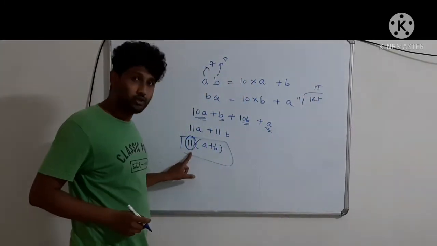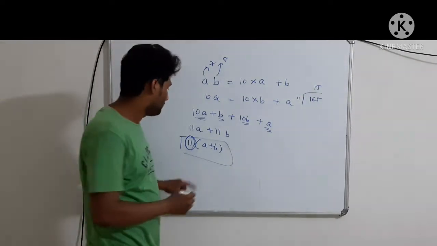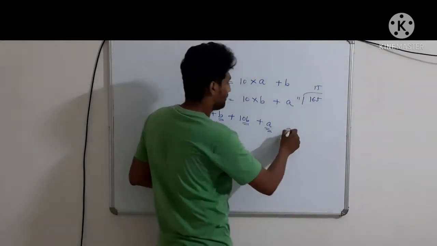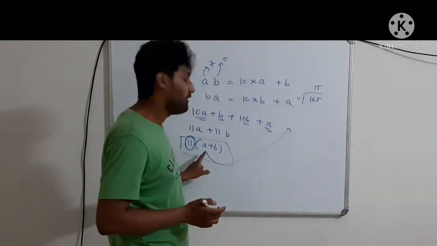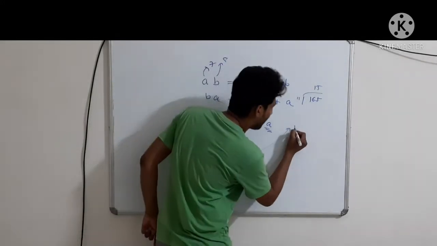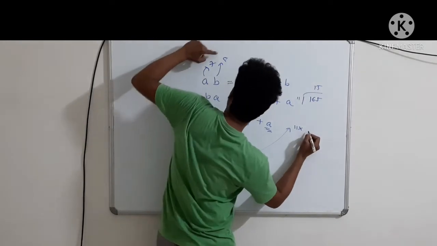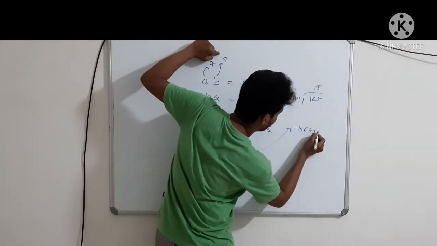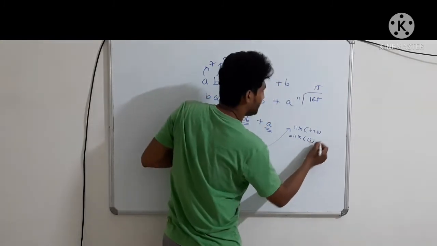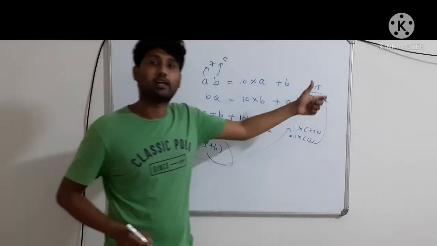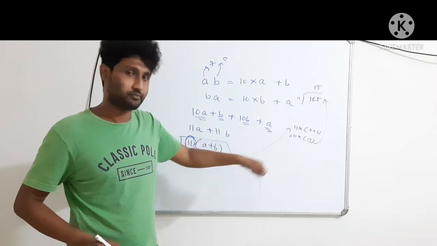According to this also you will get the same answer. How? See, you know that the addition will be having the form 11 into A plus B, which means 11 into 7 plus 8, which means it is 11 into 15, which is what we get by regular division also.